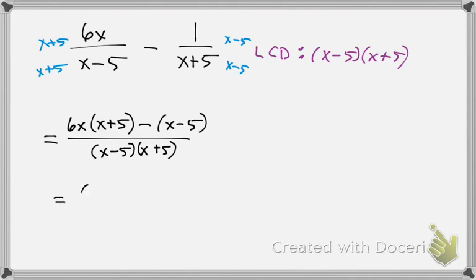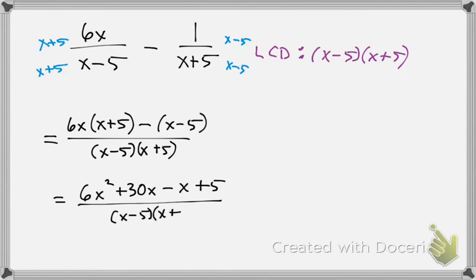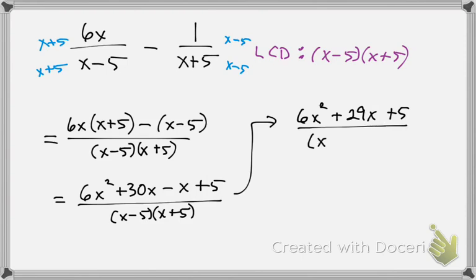That means I'm going to wind up with 6x squared plus 30x minus x plus 5 over the LCD, x minus 5, x plus 5. Combine like terms. So that's going to be 6x squared plus 29x plus 5 over the LCD, x minus 5, x plus 5.